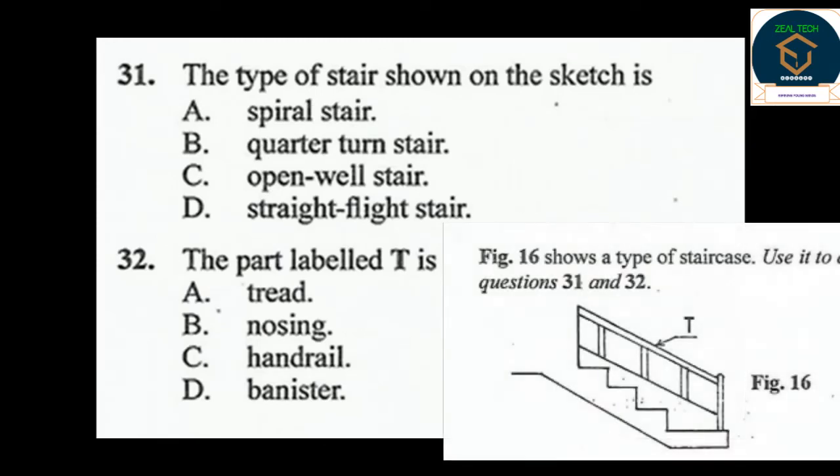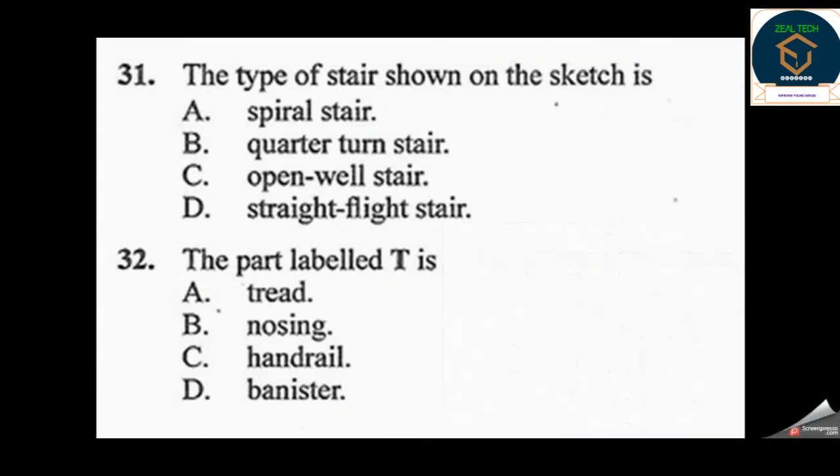Question 31, you can see from the diagram, the type of staircase on the sketch is D. The correct answer is D. It is a straight flight staircase. Number 32, the part labeled T is the handrail, that thing you hold when you are climbing steps. And that is the correct answer.